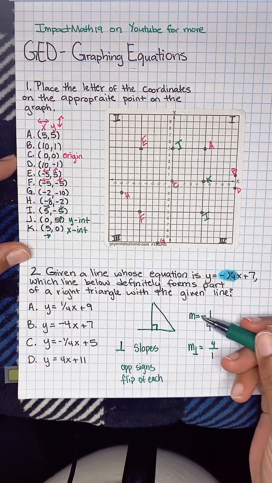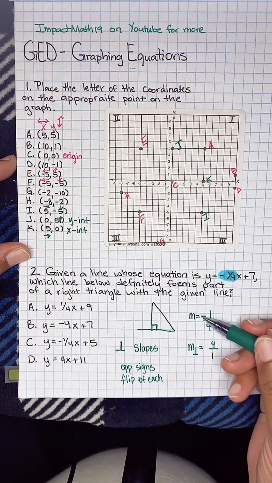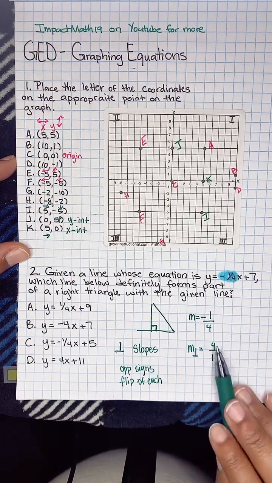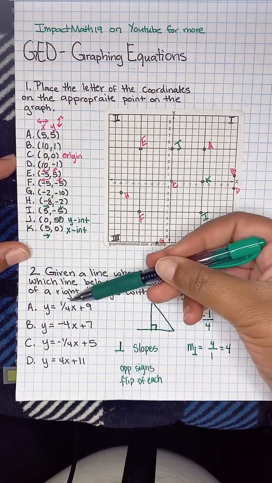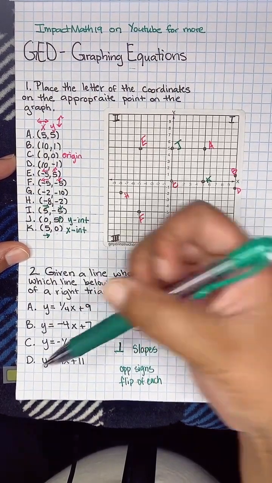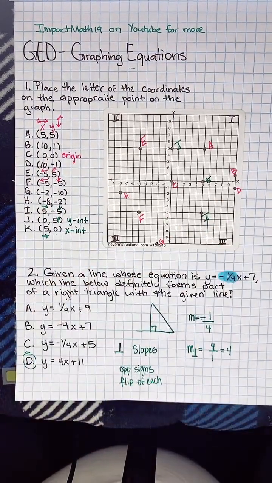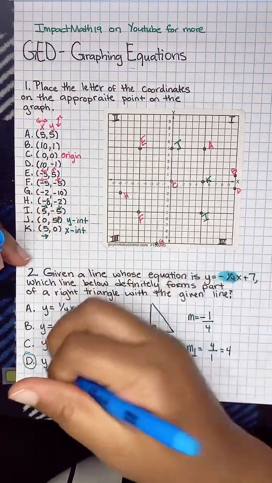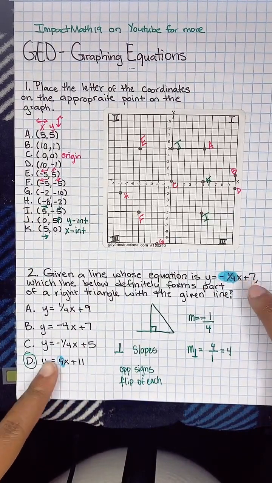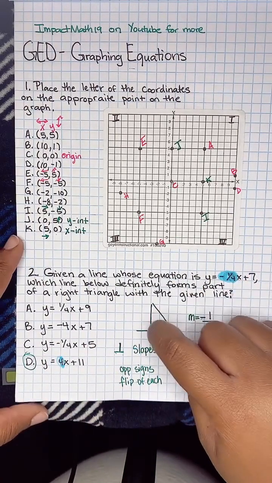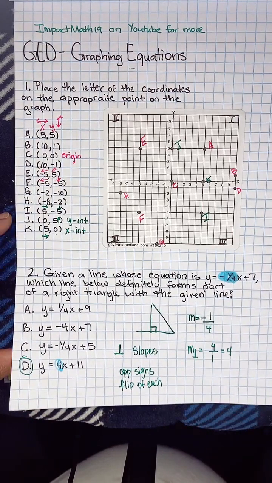And then I'm looking for the opposite sign of negative. It has to be a positive. So 4 divided by 1 just gives me 4. So I'm looking for the equation that has a 4. And D is the only one that has a positive 4 as its slope. So these two will be perpendicular and form that right angle, right triangle.